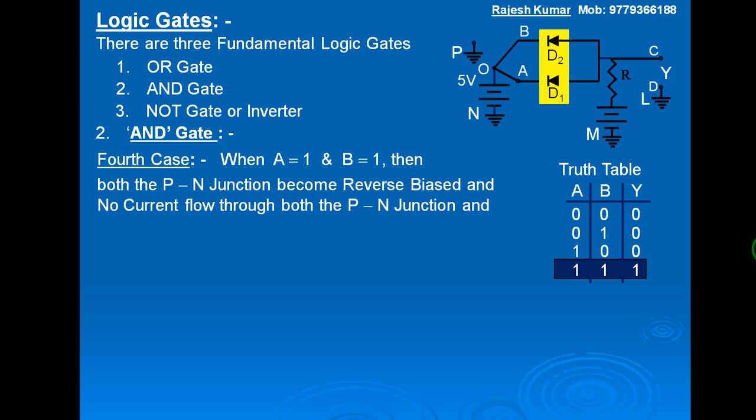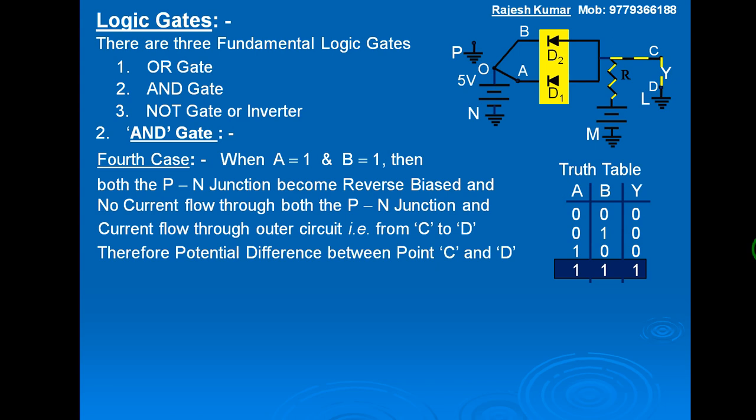So both the junctions are reverse biased, no current flows through them, and current flows through the outer circuit, that is from C to D. See in the diagram, current is flowing from point C to D.